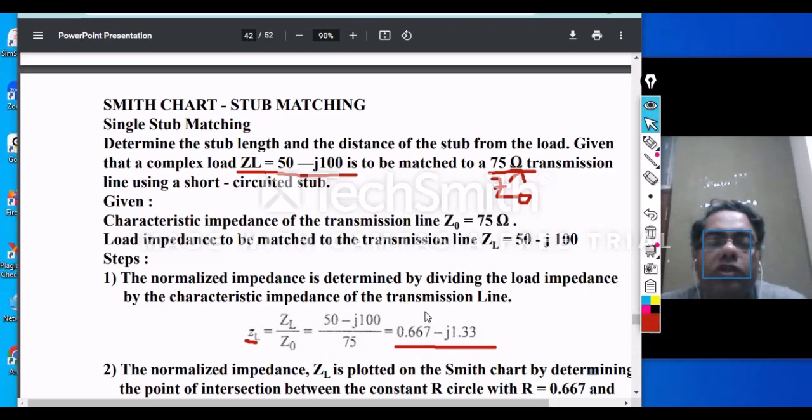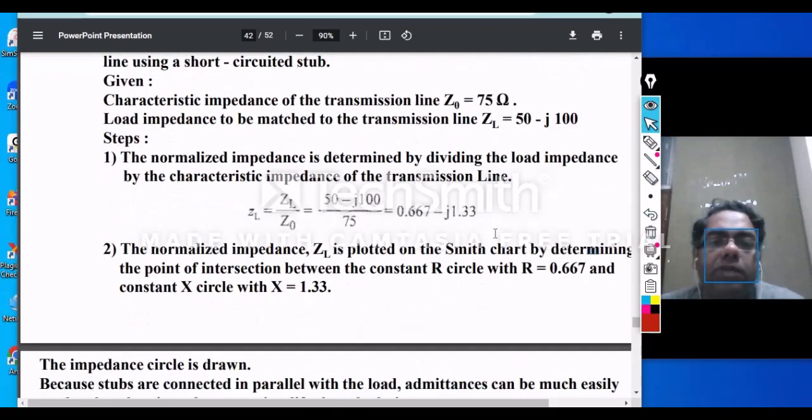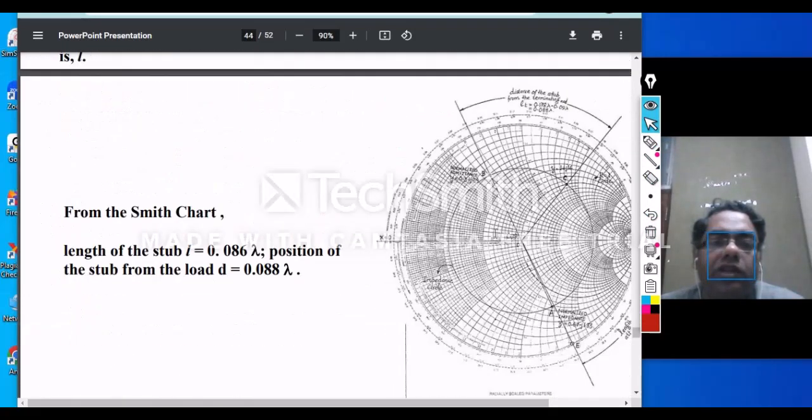Now this point we have to plot on the Smith chart. So our constant resistance circle R is 0.667 and constant reactance is −1.33. This point, if we see on the Smith chart, will be like this.